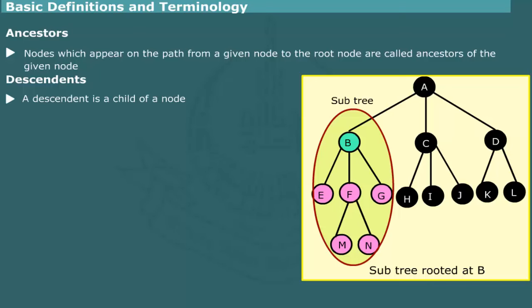A descendant is a child of a node or descendant of the child. All of the descendants of a node N are called a subtree rooted at N. In figure, the subtree rooted at B consists of nodes B, E, F, G, M, and N.